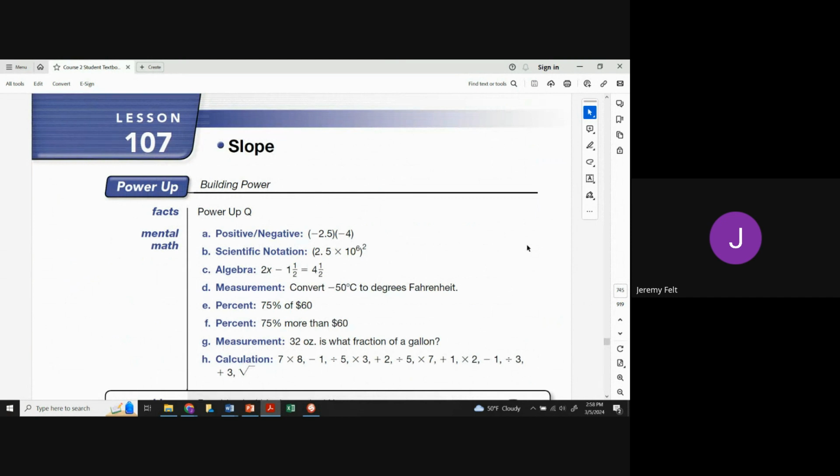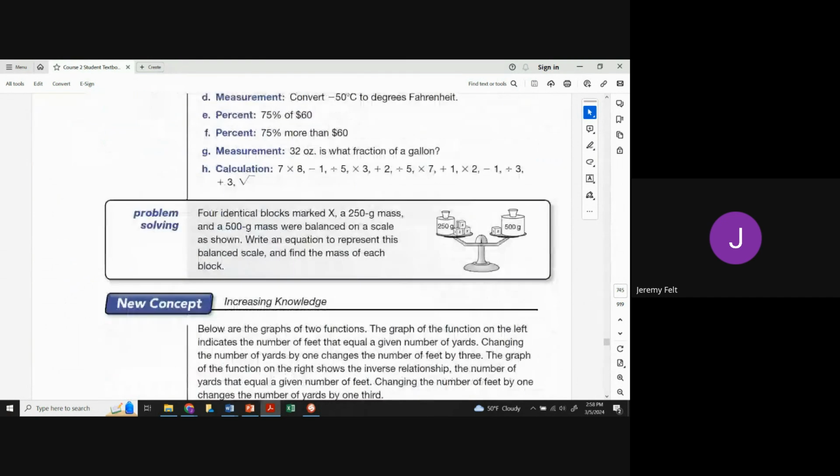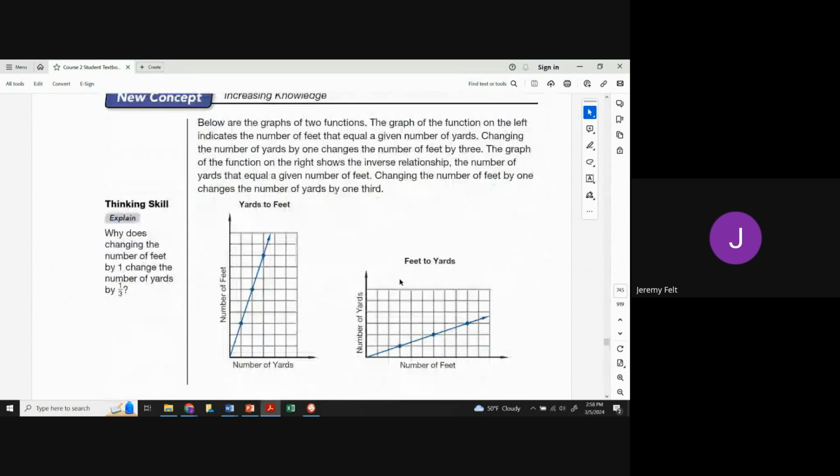Lesson 107 deals with slope. And I believe there's some different notes on it on a reference sheet: point slope formula, slope intercept, slope of line. Probably won't get that complex with it this semester, but slope of something, you've probably been driving to Denver and you see those signs with the semi trucks on them showing a percentage.